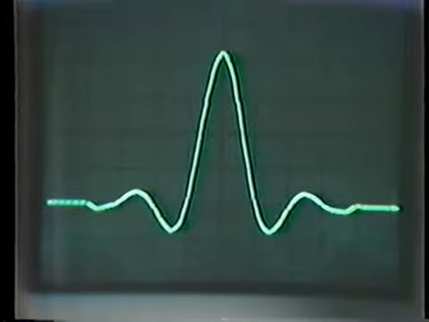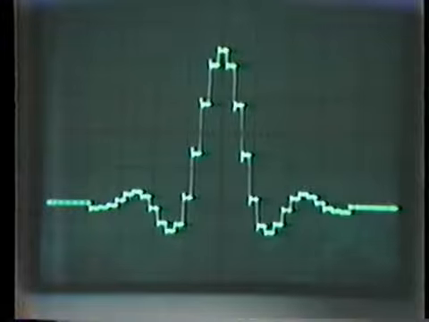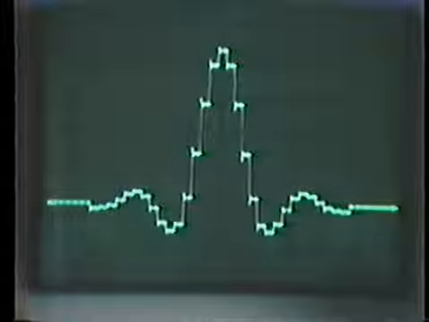We can also look at the impulse response before the desampling low-pass filter. Let's take out the desampling low-pass filter slowly. And what we observe is basically the output of the digital to analog converter, which, of course, is a staircase or boxcar function, not an impulse train. In the real world, the output of a D-to-A converter generally is a boxcar type of function.